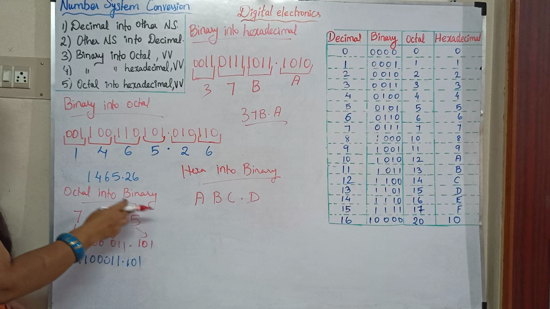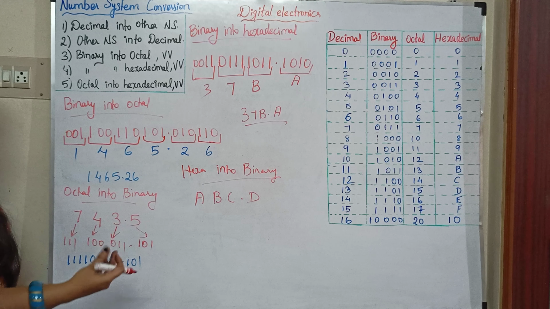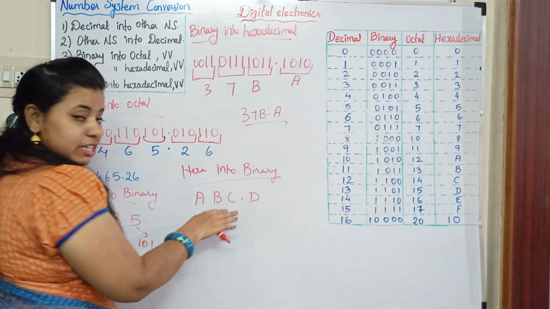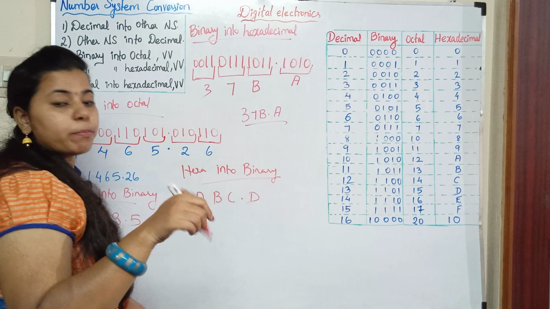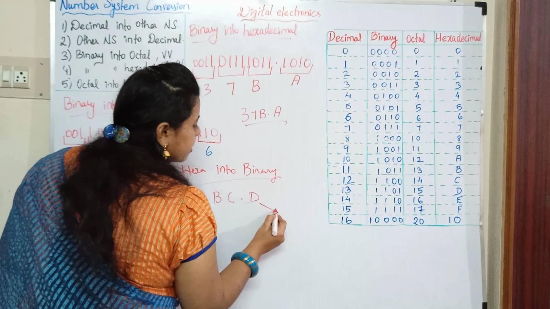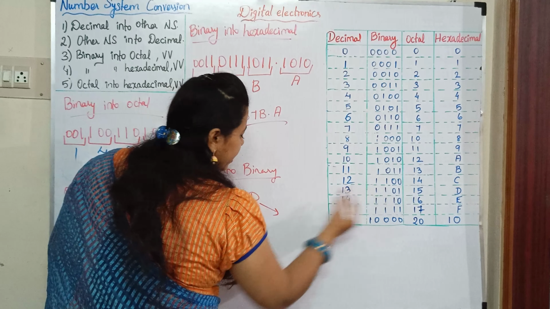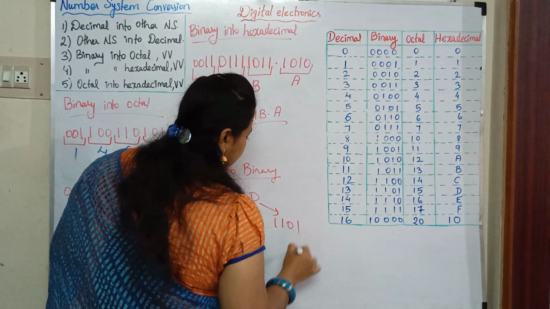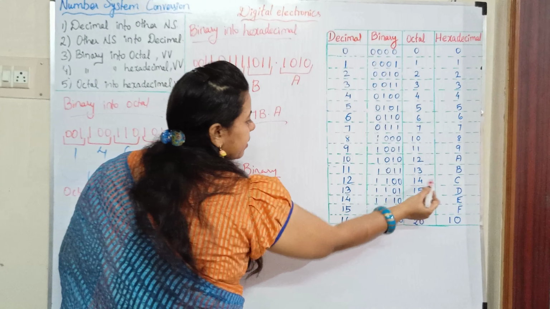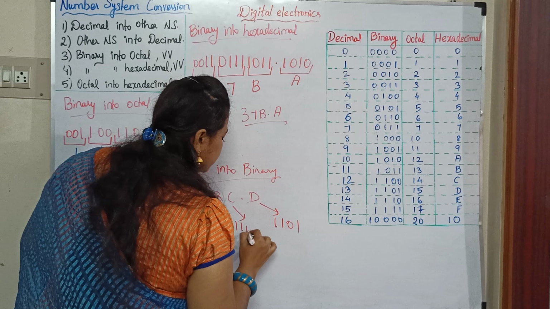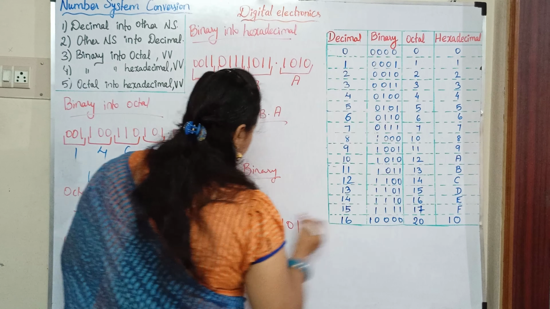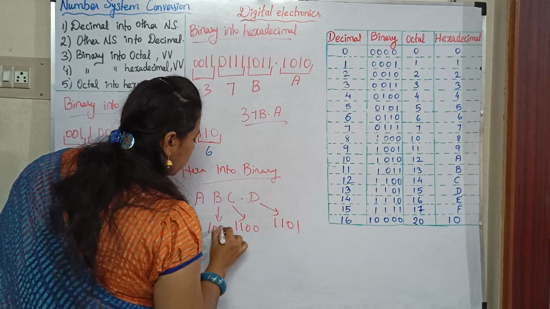Here you represented each digit by its equivalent 3 bits. Here you have to represent each digit by its equivalent 4 bits. Okay, 4 binary bits. So what is the value of D? 1101. And for C, 1100. And for B, 1011.